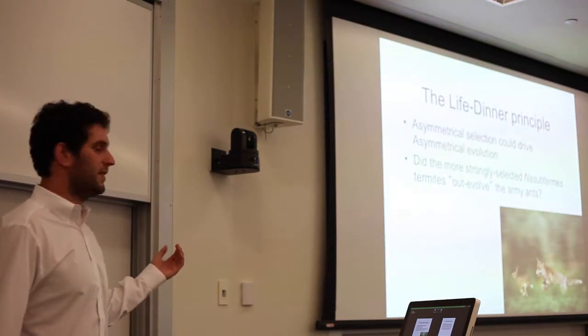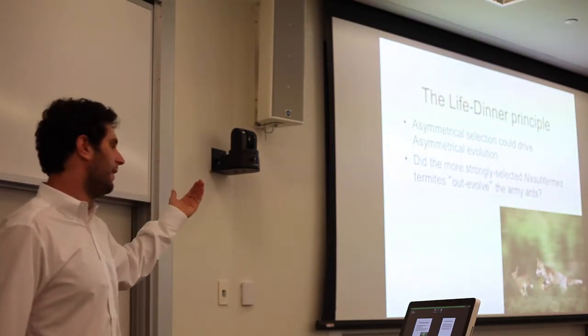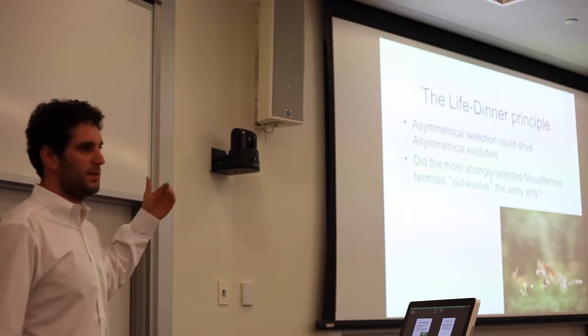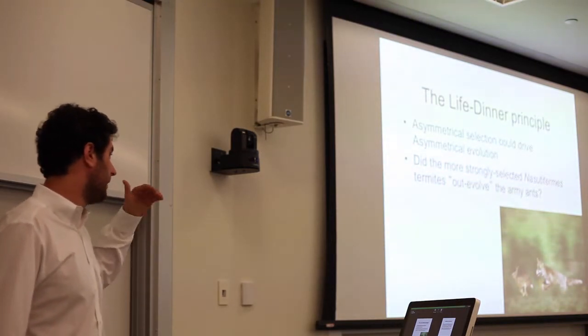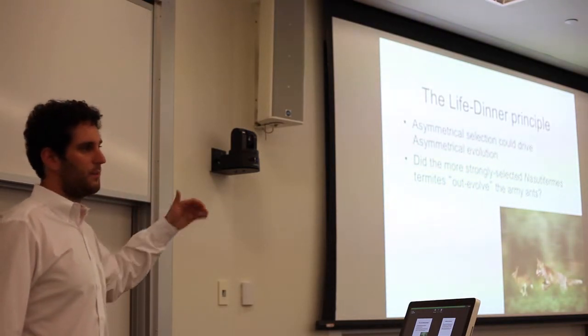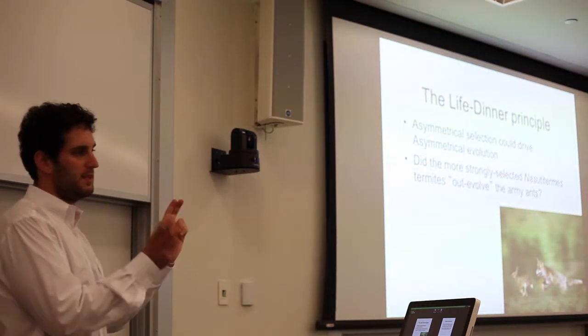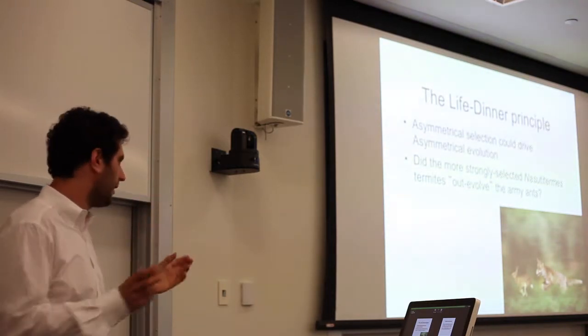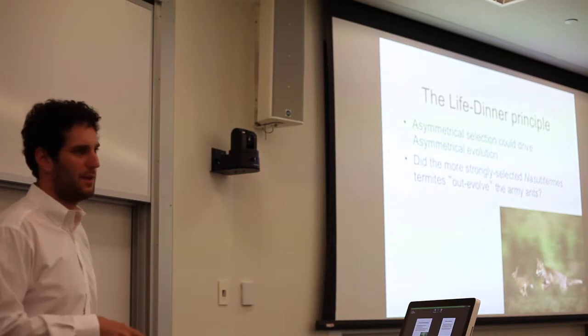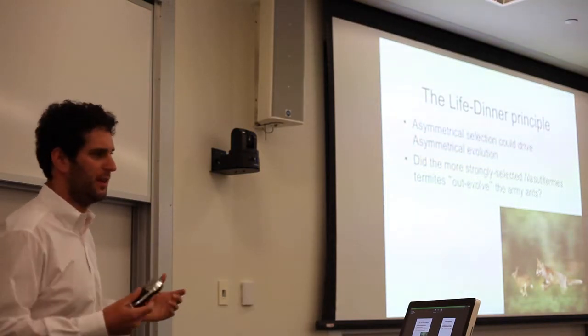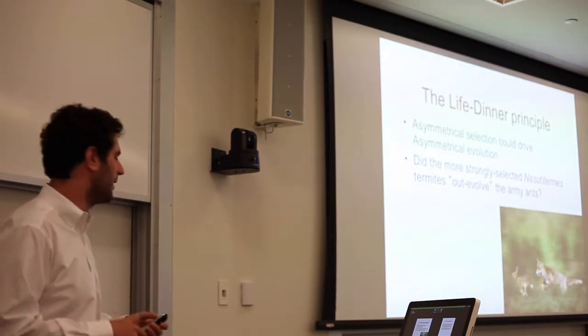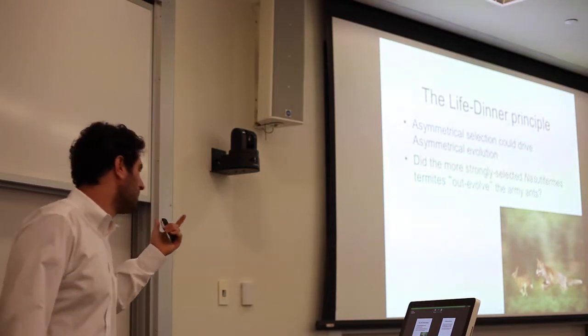So, more formally, the life dinner principle is when an asymmetrical selection pressure causes asymmetrical evolution, causing one of the species that are interacting to out-evolve, as the paper calls it, the other. I don't really like the terminology out-evolve because that's weird, but it makes a point.